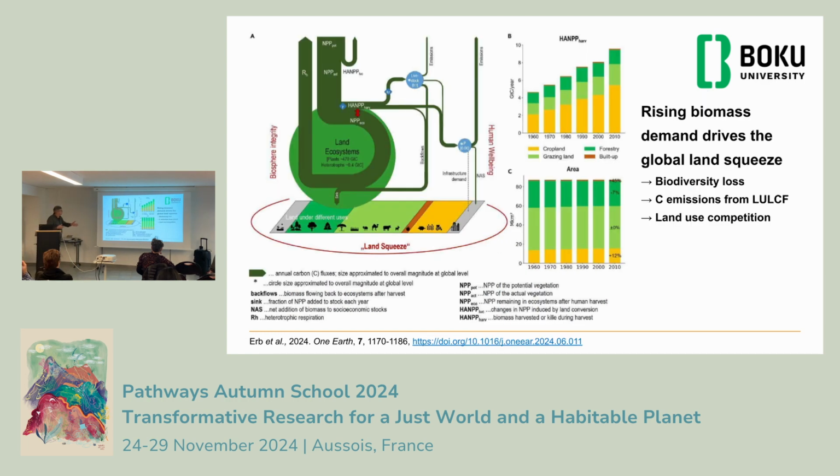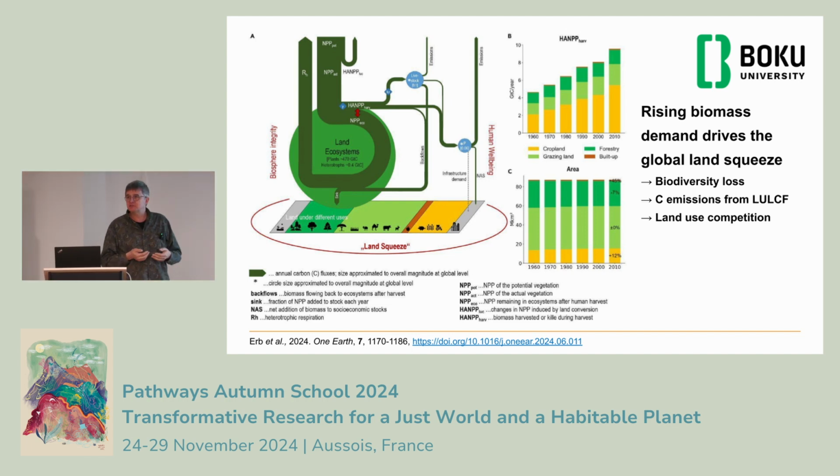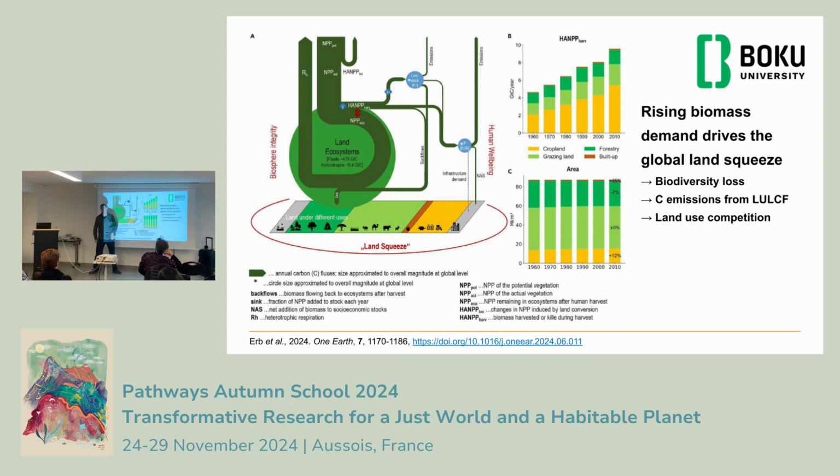And of course, also the biomass inflow is a very key thing here, because it creates what we now call the global land squeeze, so the land use competition that leads to biodiversity loss, carbon emissions from land use systems, and all these things. And some people call me Mr. HANPP, because I've been working for 3 decades on the human appropriation of NPP, which is what you see here, which is one way of looking at this land squeeze.